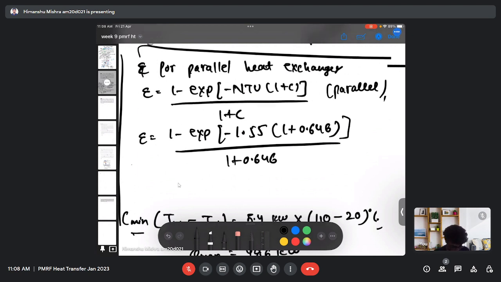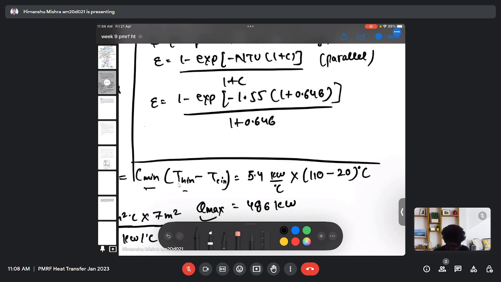So I just need to find the values. So it will be around 0.56.